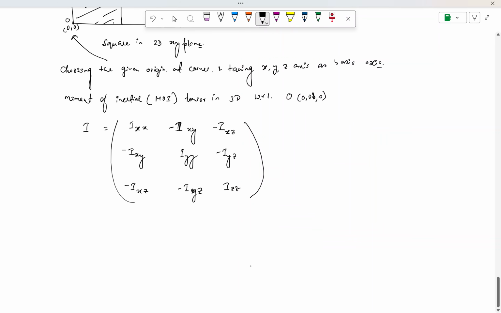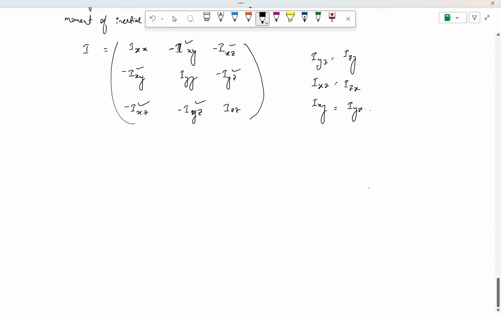So you see that this term and this term are similar, this term and this term are similar, this term and this term are similar, basically because these are symmetric. So Iyz equals Izy, or Ixz equals Izx, or Ixy equals Iyx. Such symmetry happens.